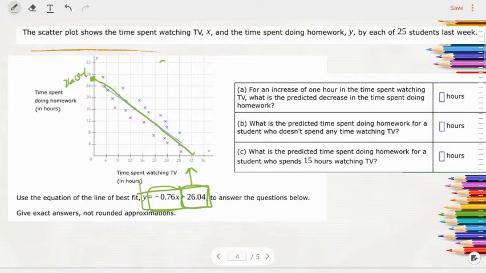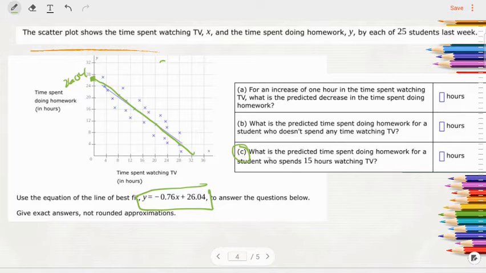It's going down by negative 0.76 every 1 hour. So this line is represented by this equation, and this equation will help me answer each of these questions. And for a second, I'm just going to start with C, and we're going to answer these backwards.